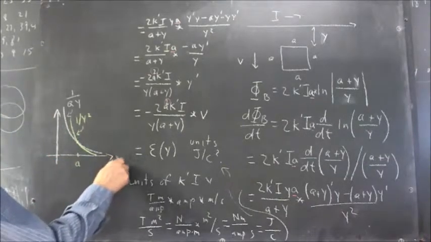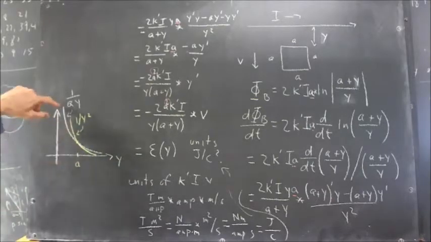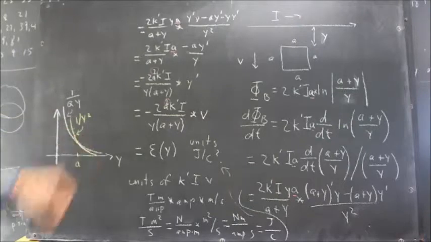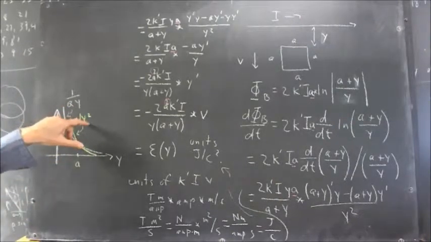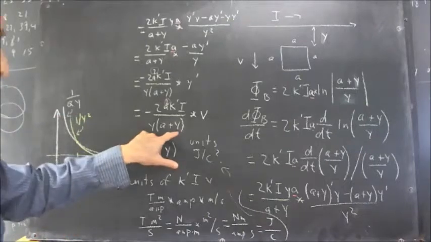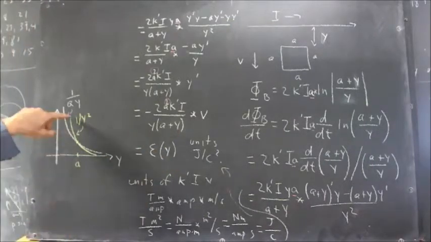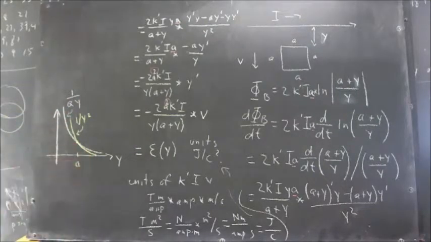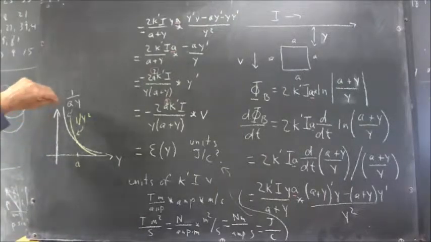So here's Y on this axis, and here's a graph of 1 over A Y. It's just like a reciprocal first power curve. Then you have the graph of 1 over Y squared, which is what you get when Y is a lot bigger than A, and that's this green curve here. The two curves cross when Y equals A. You can verify that. Then you can see how this curve blends into this curve.